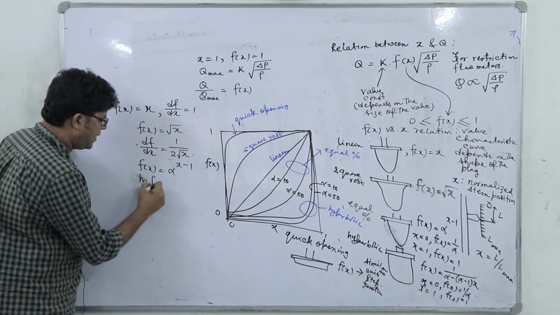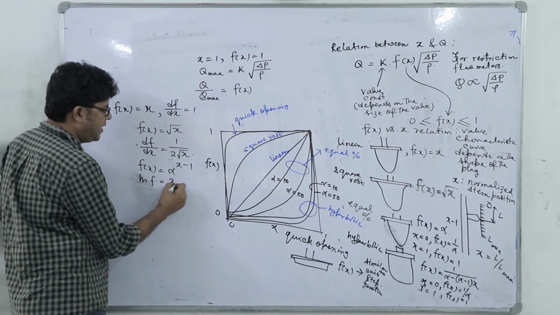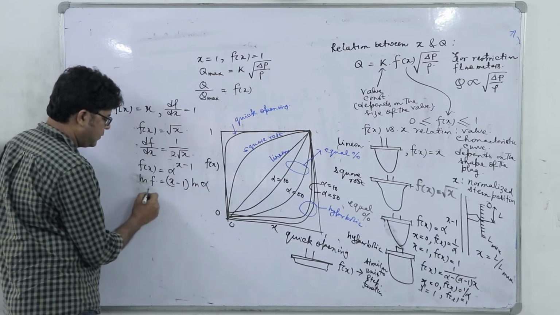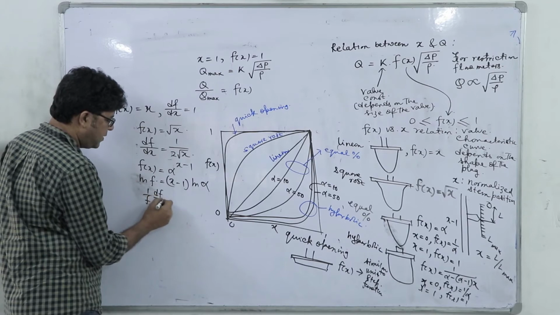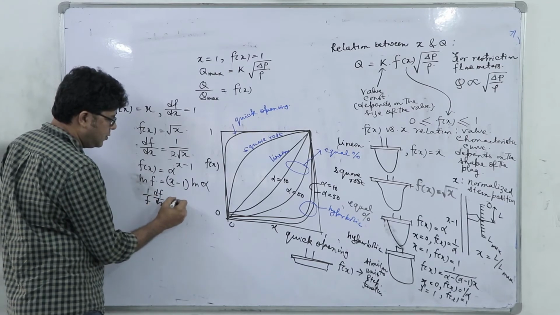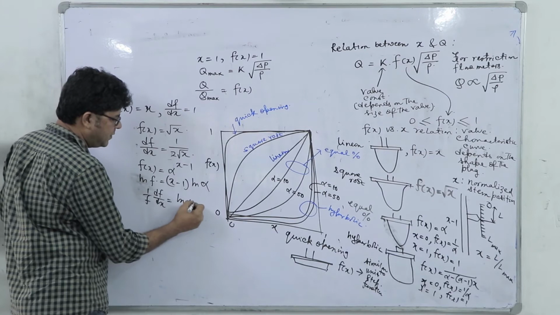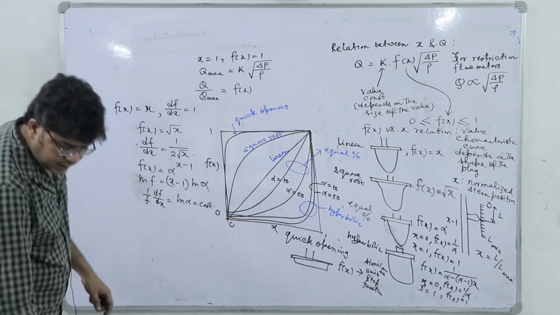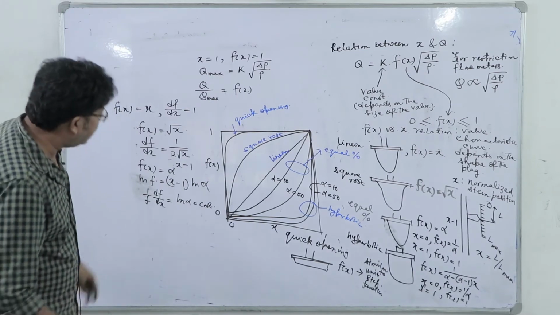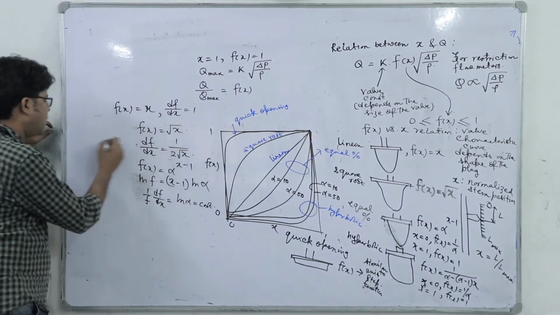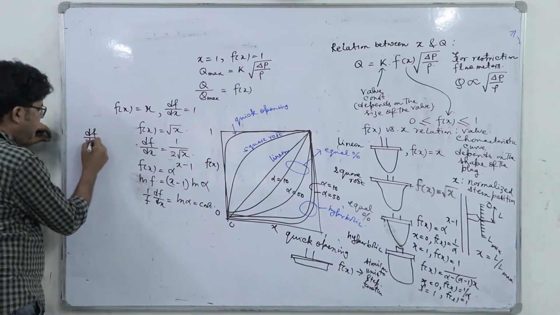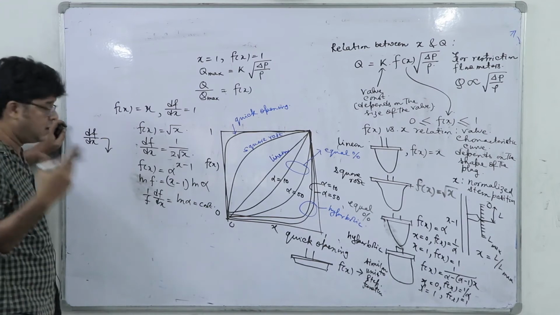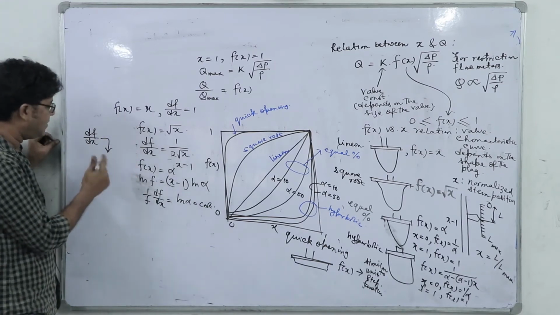So log of f is equal to (x minus 1) log of alpha. So 1 by f times df/dx is equal to log of alpha, which is a constant, right? So df/dx is a quantity which represents the sensitivity, which is basically a gain-equivalent term, and that determines the gain.